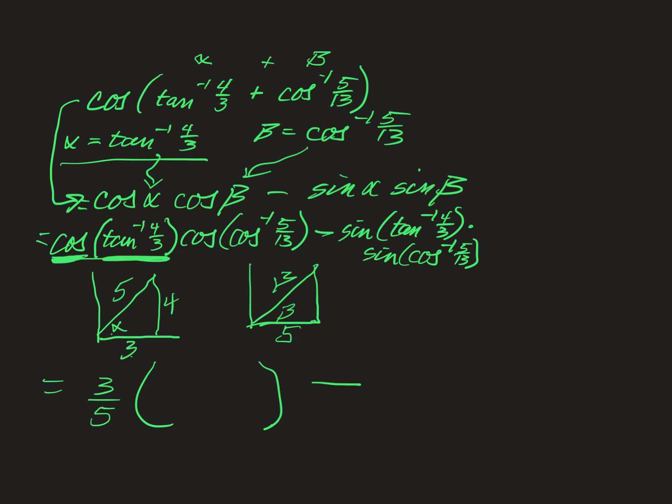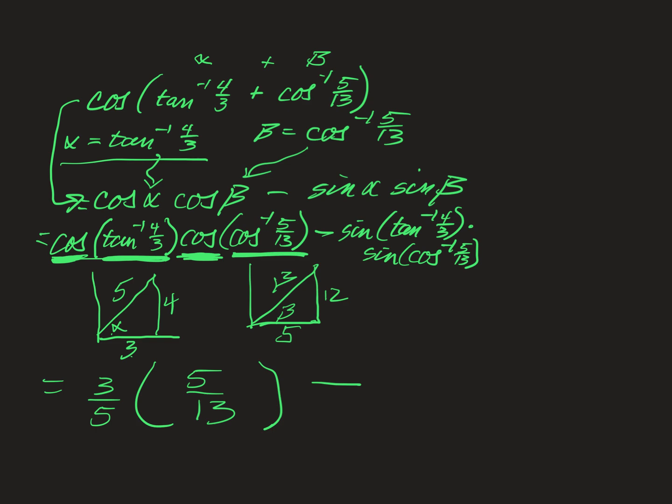And if we do the Pythagorean theorem again, we're going to get 12. 5 squared plus y squared equals 13 squared, y squared equals 144, and we get 12 there. Okay? And so now I want the cosine of the inverse cosine. And by the way, that's 5/13.